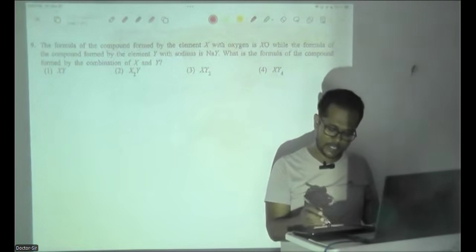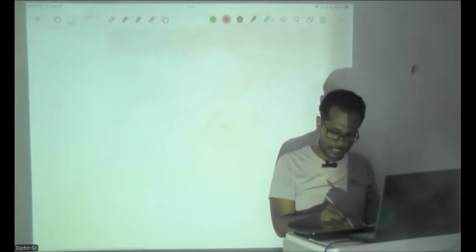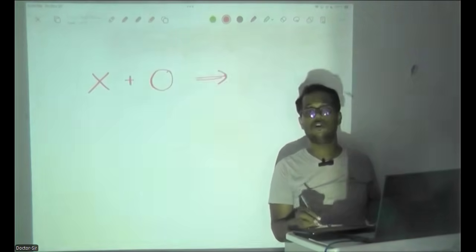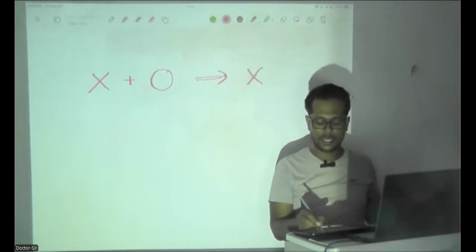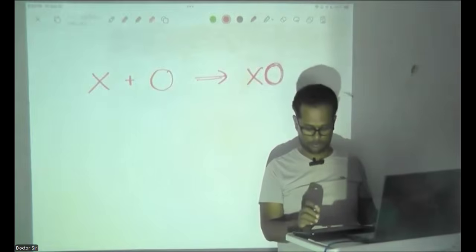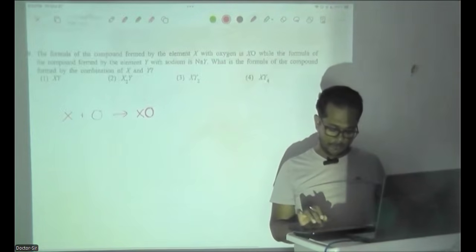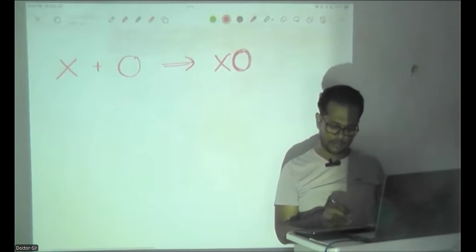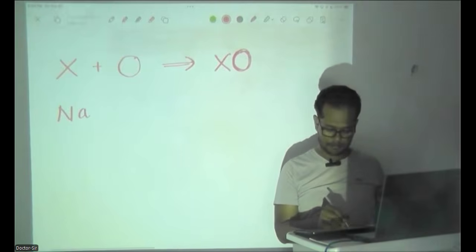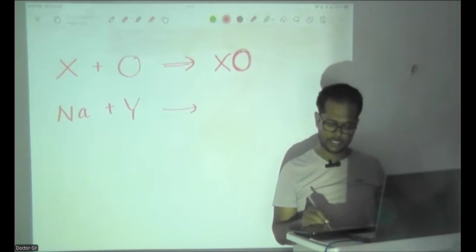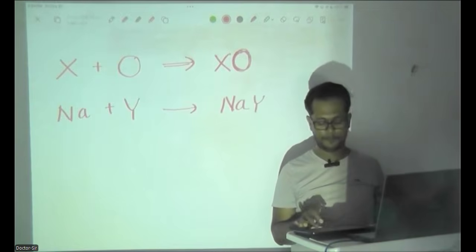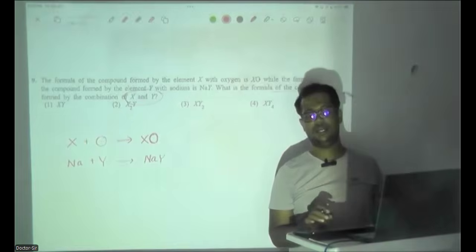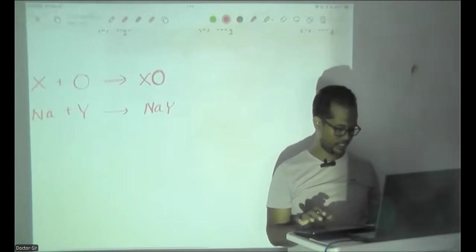The compound formed by Y with sodium has the formula NaY. So what is the compound formula of X and Y? This is the question they're asking from us.